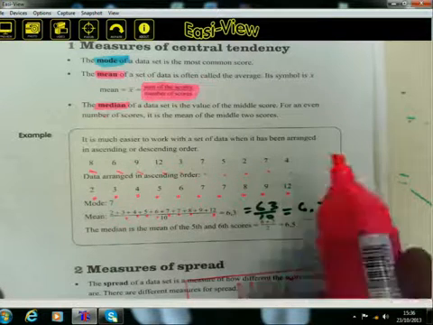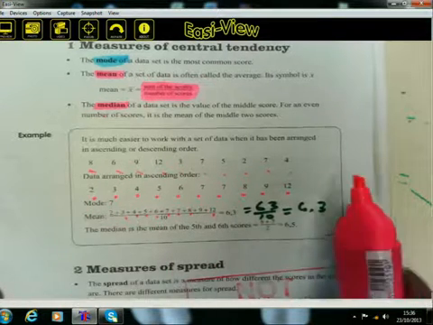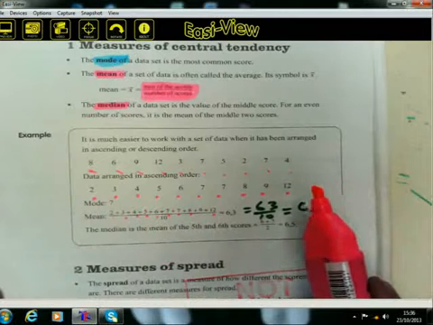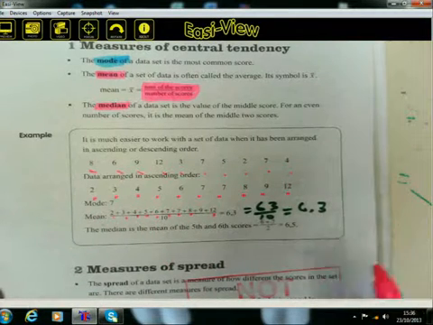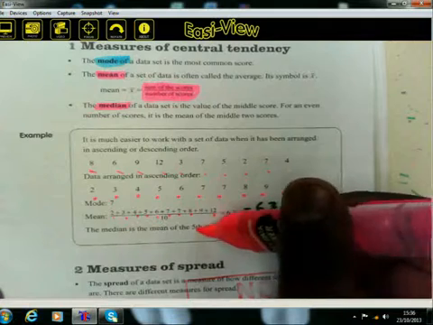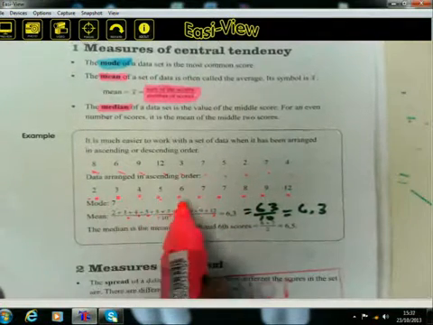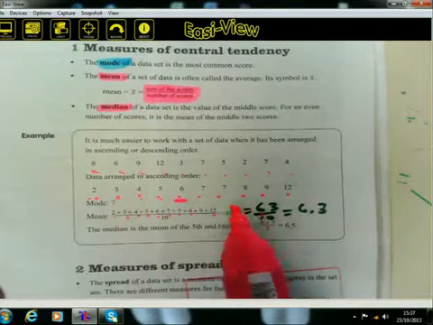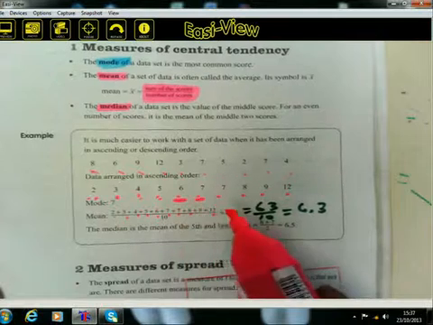That's the value of the data which is in the middle. We have 10 values here. What will be our median? Our median will be the 5th and the 6th term. Let's count them: 1, 2, 3, 4, 5. The 5th one is 6. The 6th one is 7.